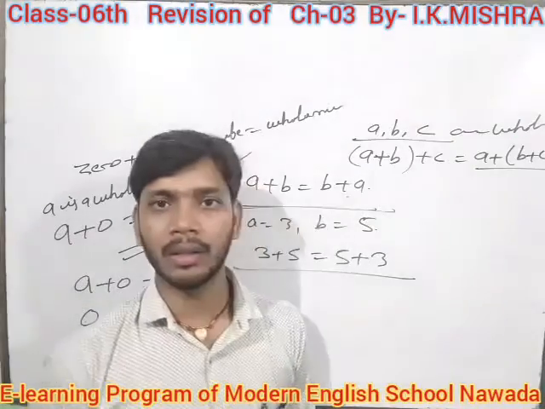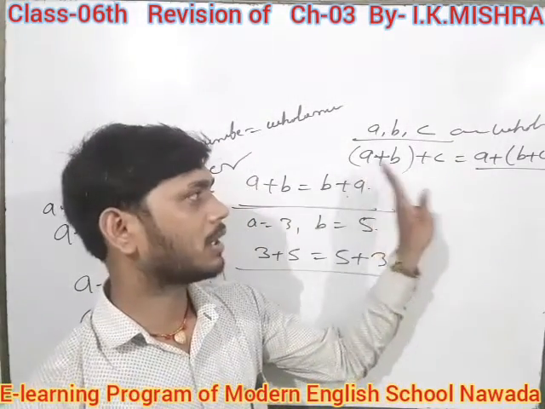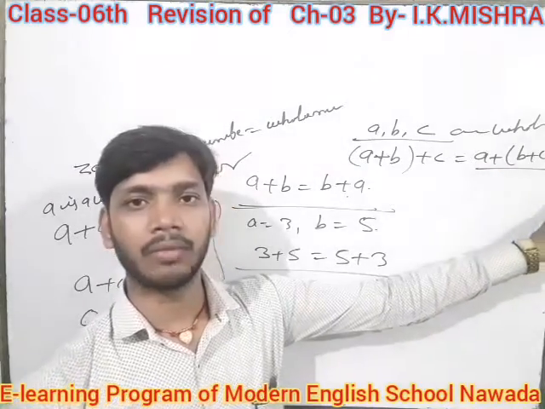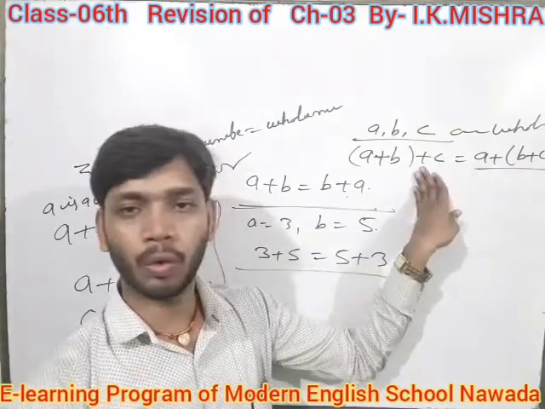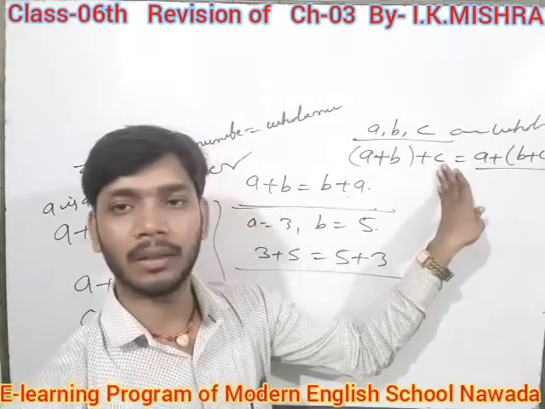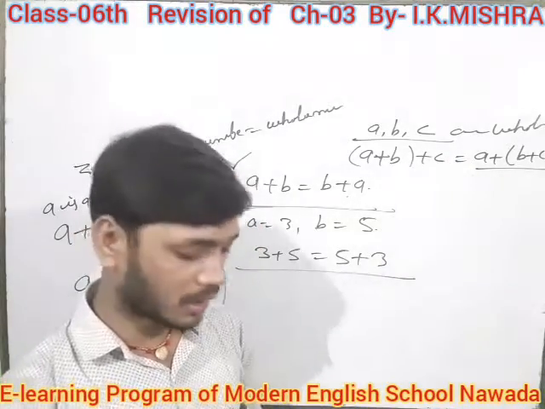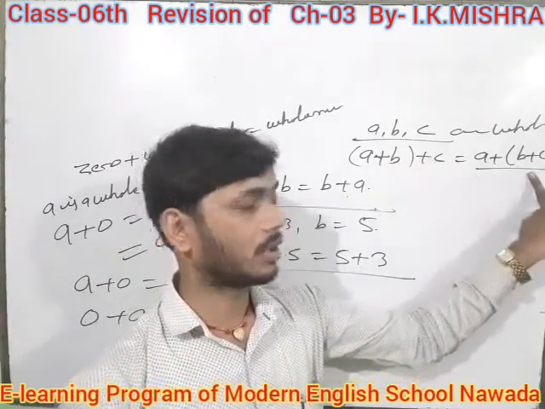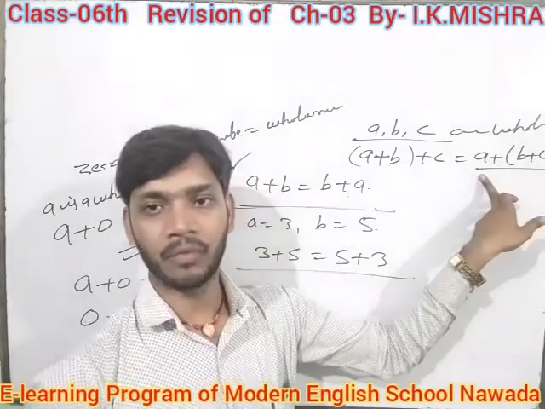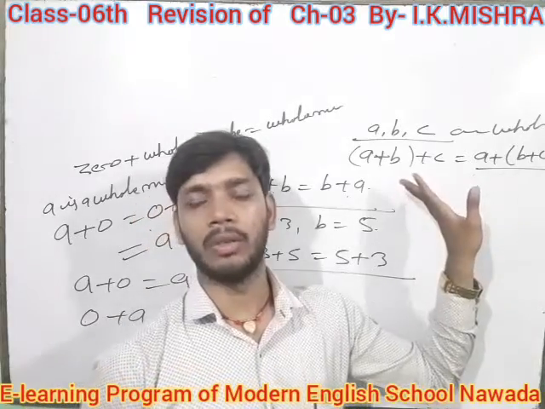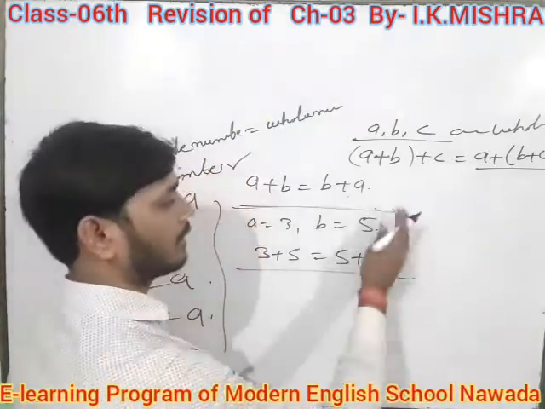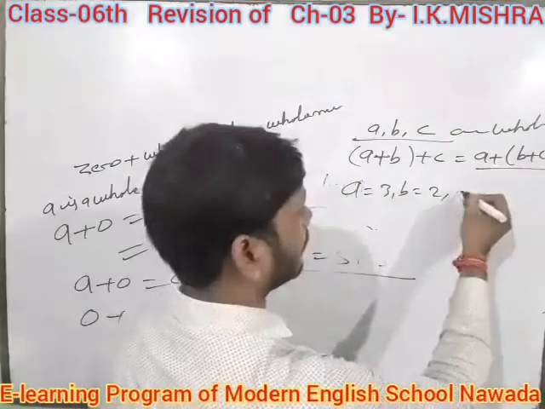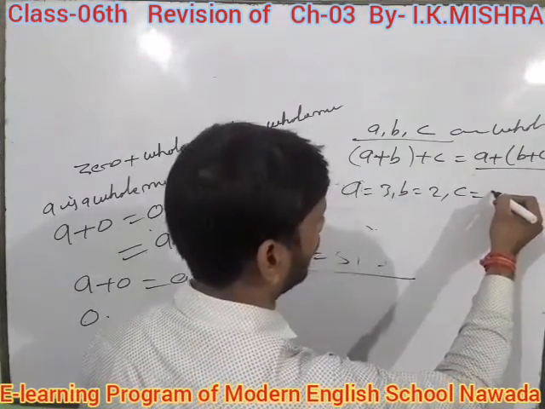That means when you add the first two whole numbers and then add the third, the result is equal to adding the second and third first and then adding A. Suppose A equals 3, B equals 2 and C equals 1.